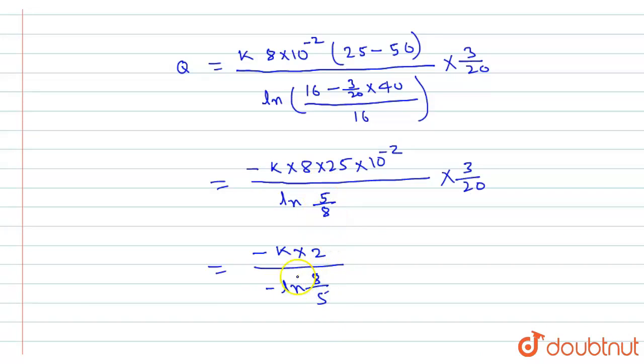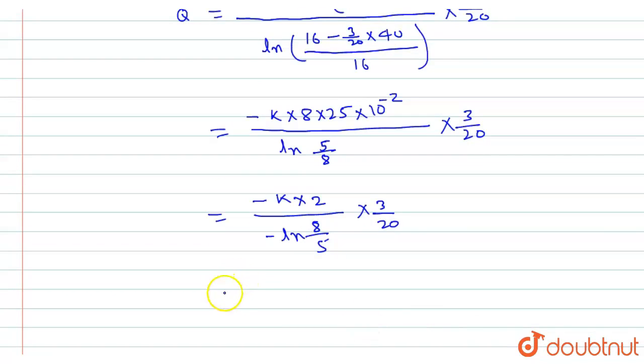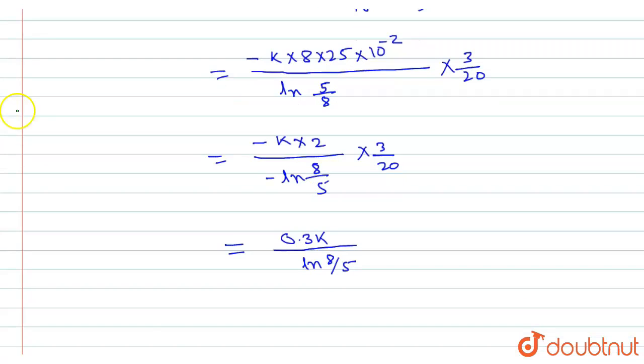We can change the minus sign so that we can cancel out this minus and this minus, into 3 divided by 20. Clear? Now minus and minus cancel out, and this is equal to 0.3 K divided by ln 8 divided by 5. Clear? After solving this, the Q is equal to 0.3 K divided by ln 8 divided by 5.